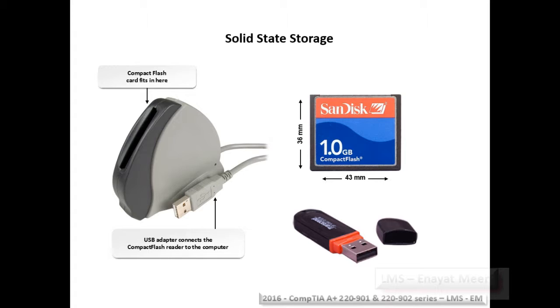what we use actually in daily life, and solid state storage also includes some more devices here, and some pictures for the type 1 card. So SanDisk 1 gigabyte compact flash card, that is a type 1.